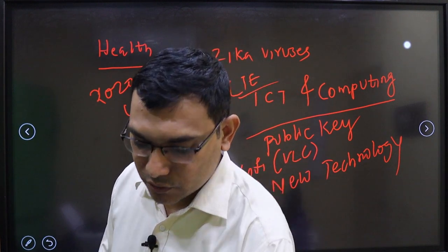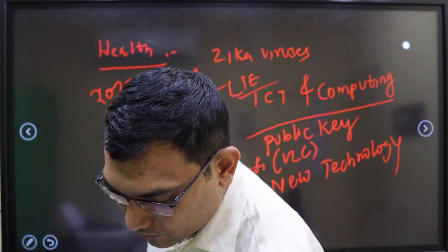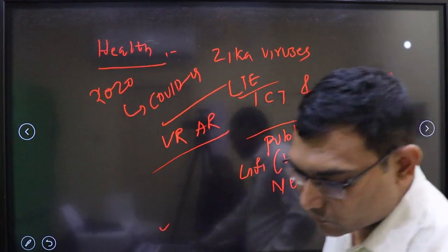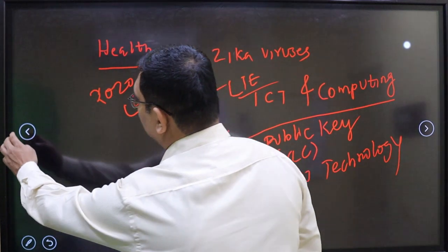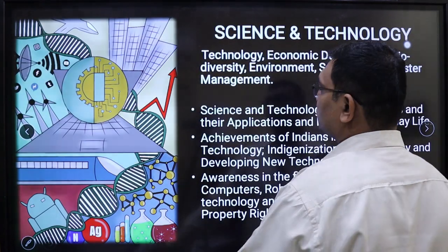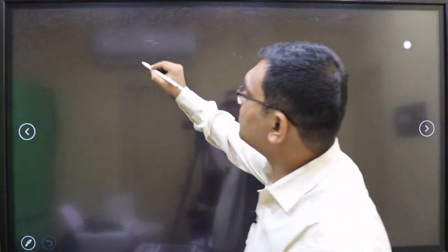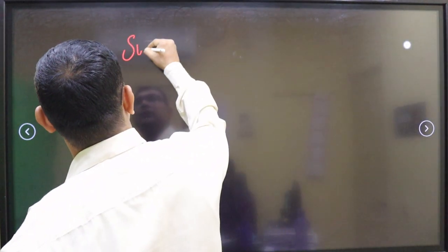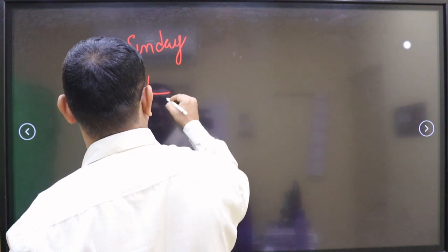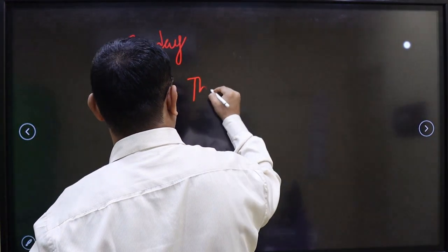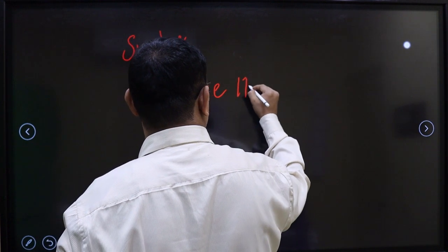Then from the prelims perspective, what are the sources we have to study? You can ask, sir, what are the sources we have to study? I'll tell you. The Sunday newspaper, very very important, that is The Hindu.